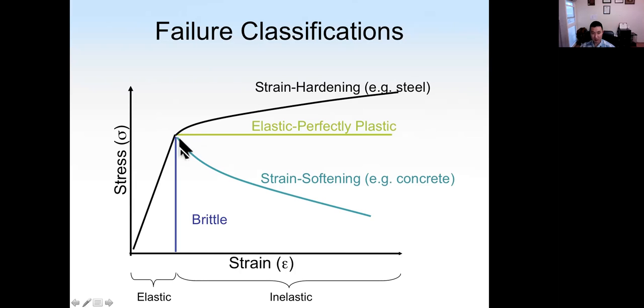If the resistance decreases, we call that strain softening materials. So concrete belongs to strain softening materials. If the resistance does not change, we call that elastic, perfectly plastic materials. If it has no inelastic region, we call that brittle materials. For example, glass.